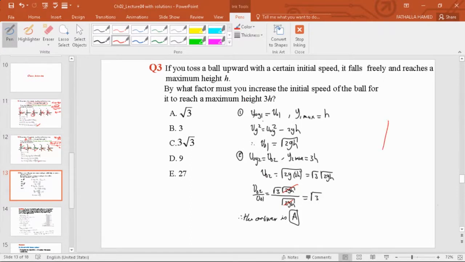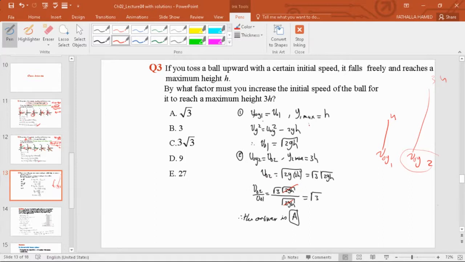So initially, you want to go to h, then you want to go to 3h. You're throwing from here with, let's say, V0y, and you're going to throw here with V0y too, but let's call this 1 and this 2. So by what factor should I do it here to reach 3h?